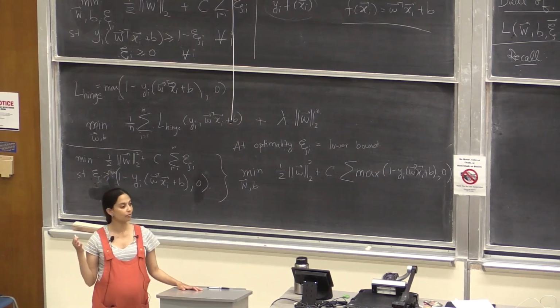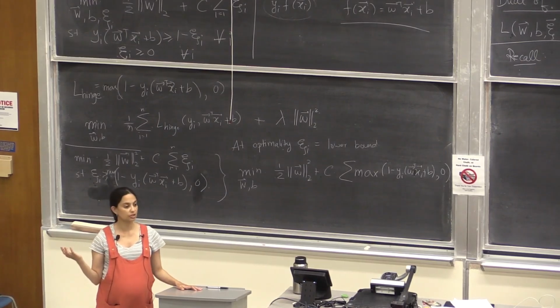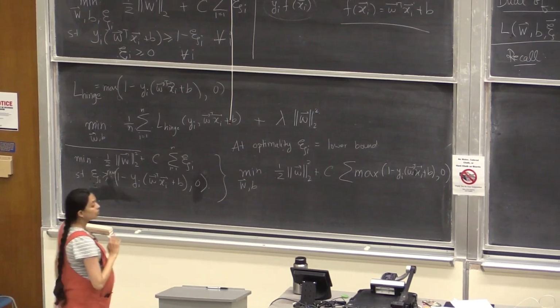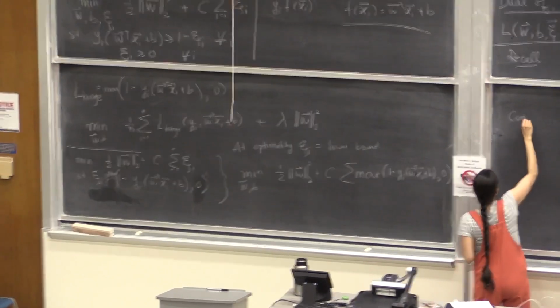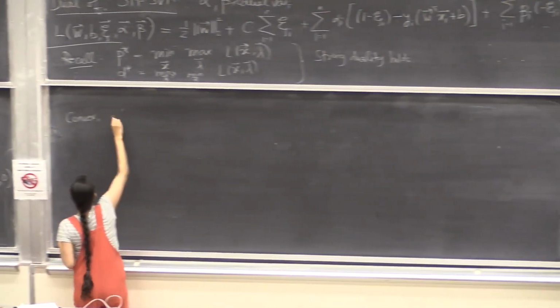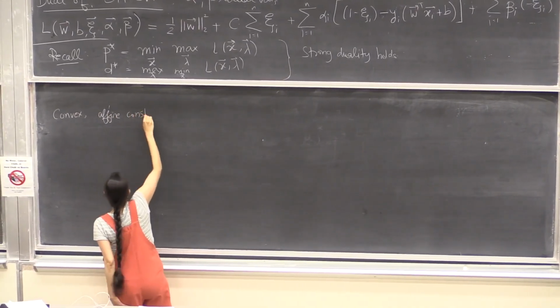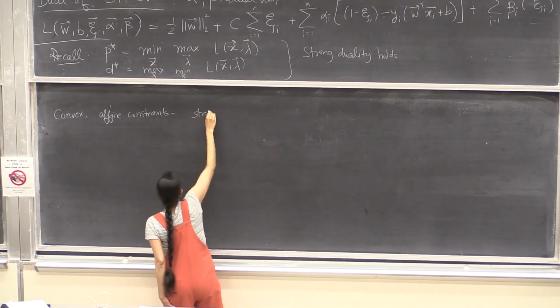But because you have no nonlinear constraints, your only constraints are linear affine constraints, you don't need to check for strict feasibility of anything. So in our case, our problem is convex with affine constraints, and so strong duality holds.